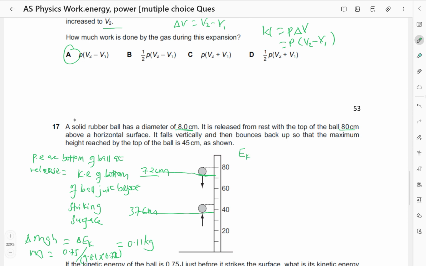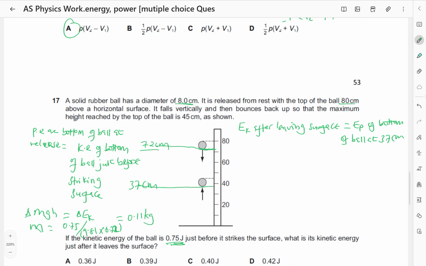That is when it rises to a height of 37 centimeters. So I'm just going to use the same formula. So the kinetic energy is going to simply be equal to mgh again, where now the mass is 0.11 times g, which is 9.81, then times h. It rises to 37 centimeters, which is 0.37.